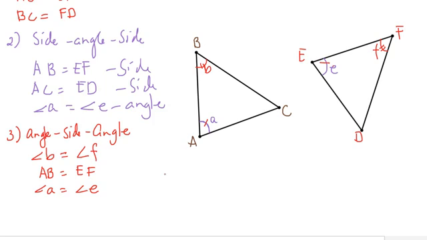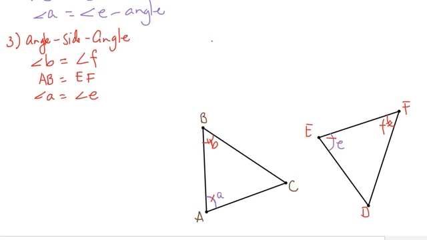When you find two angles that are equal in those triangles, and then the side that is in between those two angles, then you have a congruent triangle.